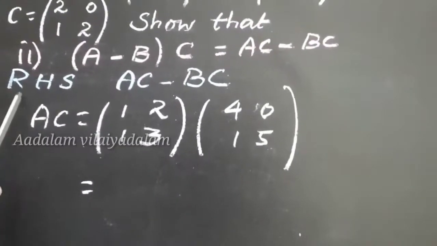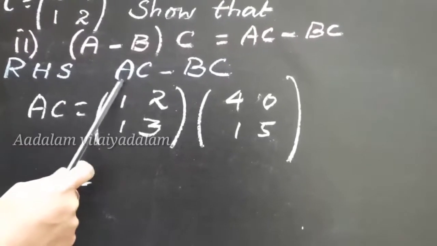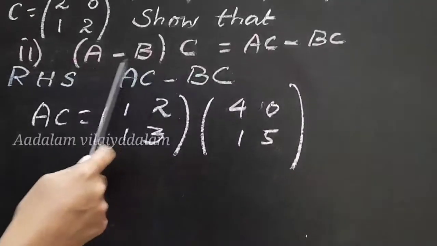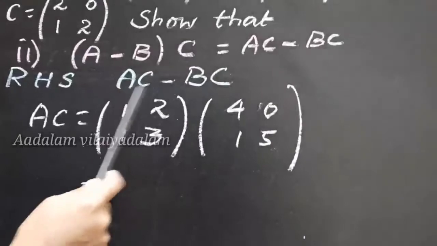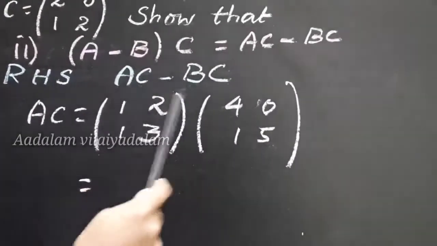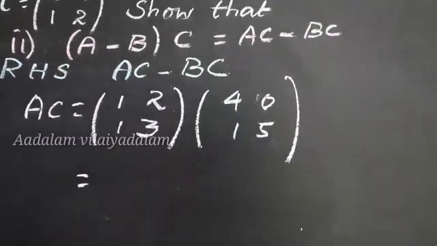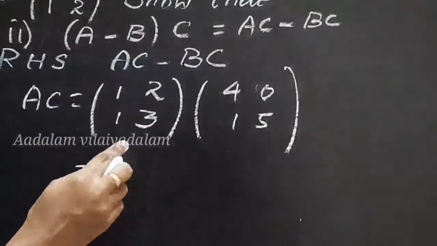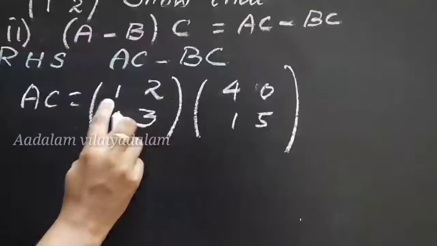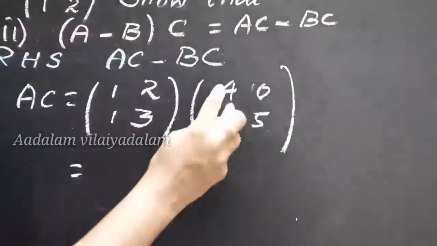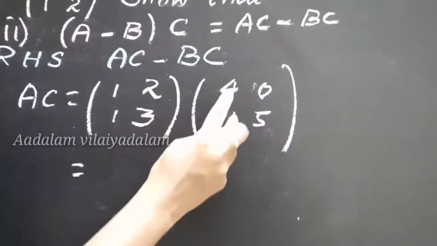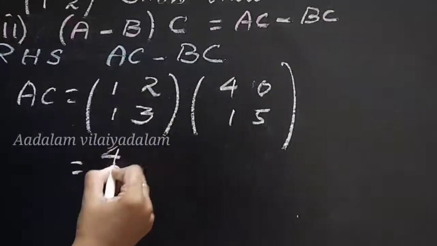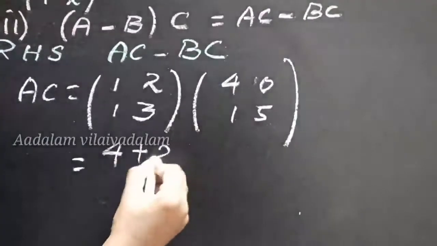Next we have to find the RHS value, AC minus BC. First you complete the product of AC and BC, then we have to subtract to get the AC minus BC value. So first you complete the AC value. This is the A matrix, B matrix. The product of AC means row and column. The first row, first column: 4 1s are 4, 2 1s are 2.